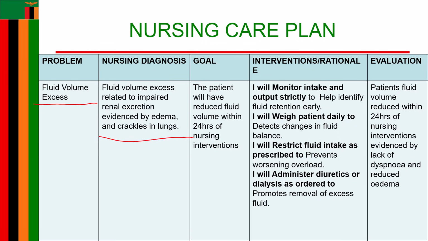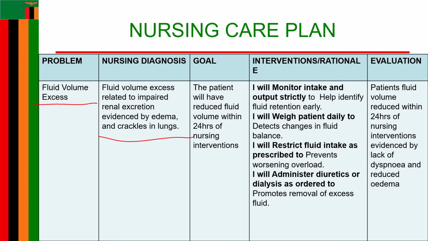And from there, your goal is patient-centered. You can either use objectives or goal depending on what you are comfortable with. In this case, you can say the patient will have reduced fluid volume within 24 hours of nursing intervention. And in terms of intervention and rationale, you can monitor fluid intake and output to help identify fluid retention early.